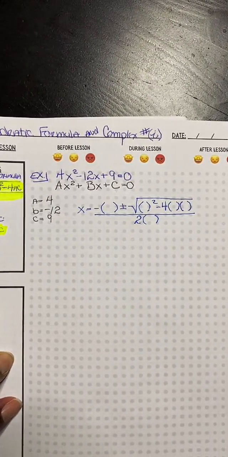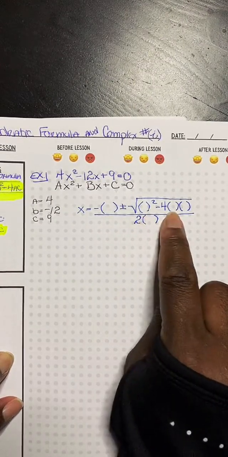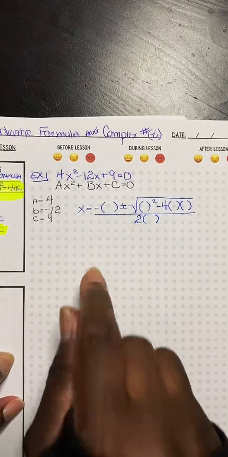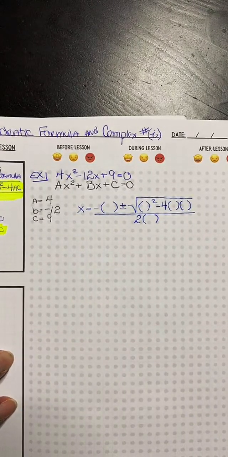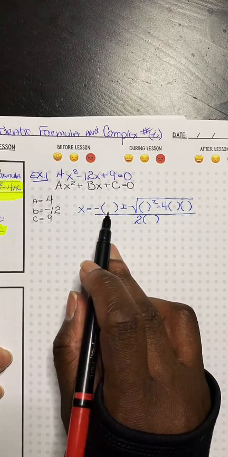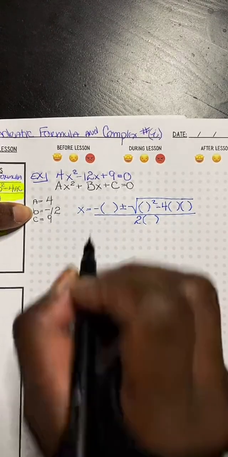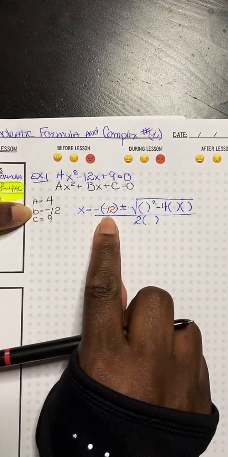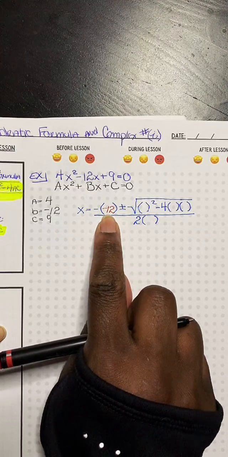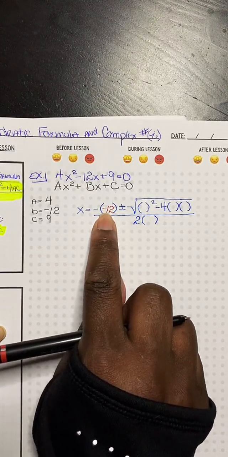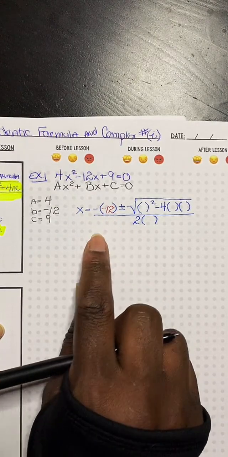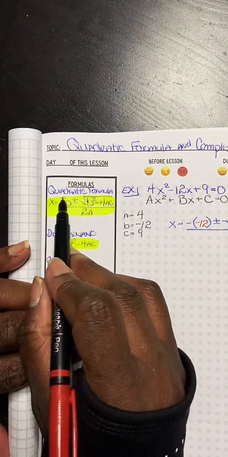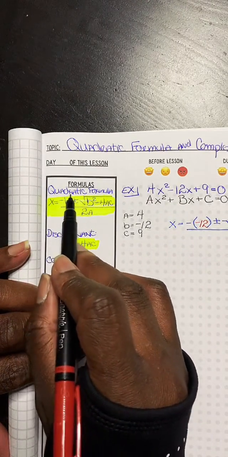This is the reason why I put parentheses, because this first step gets everybody each and every time. When I plug in, this is supposed to be my b, and my b is negative 12, so I put in the negative 12. What a lot of people generally do, if I didn't put a parenthesis here, is put 12 and not make it negative, because they think they're substituting for this whole entire section.